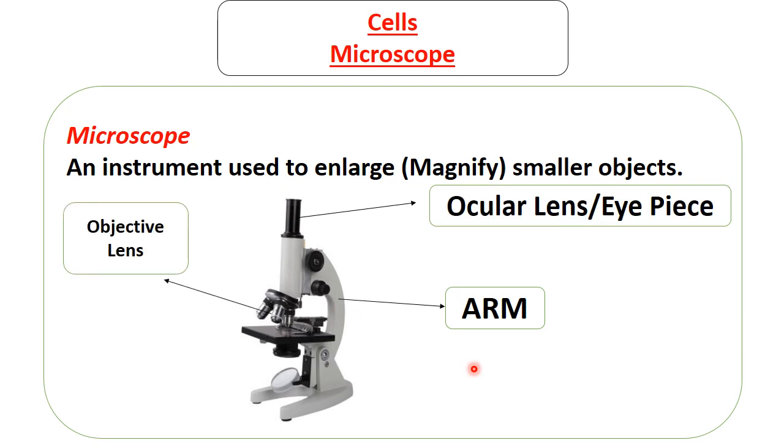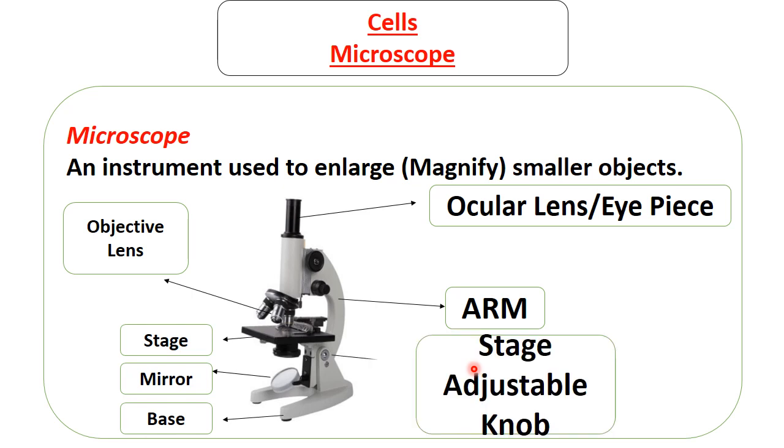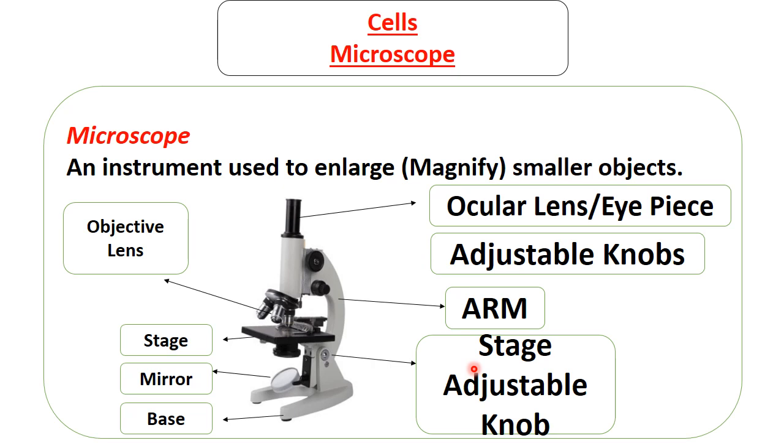We have the objective lens or objective lenses, as they are called collectively. We also have the stage, the mirror, the base, the stage adjustment knobs, and the adjustment knobs, these two here. Of course, I've just shown the arrow that shows one, but even this one is part of the adjustment knobs.